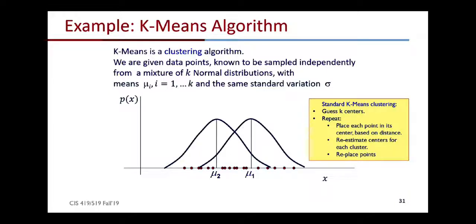I place each point in its center based on distance, minimizing distance of some sort. Re-estimate the centers, reassign the points to the new centers, and keep on going. And basically what we're going to do is refine this algorithm a little bit as an EM algorithm. Really, this is an EM algorithm, only that this is not quite the right algorithm. We're going to fix it a little bit and write it as an EM algorithm.